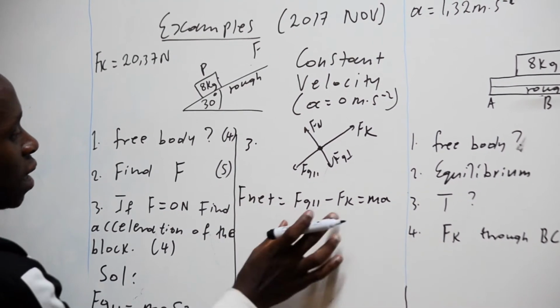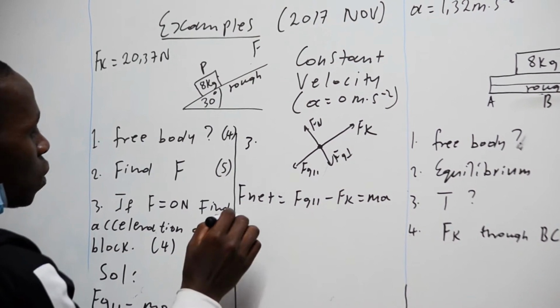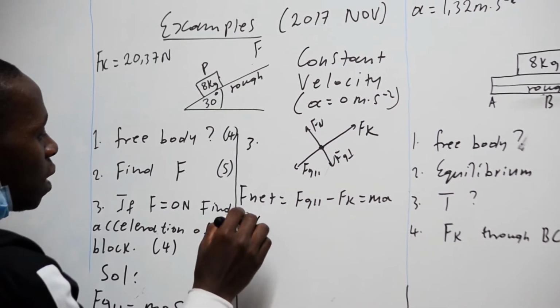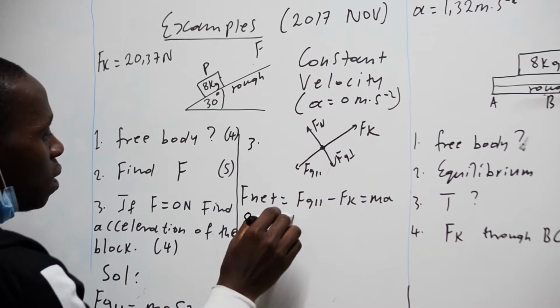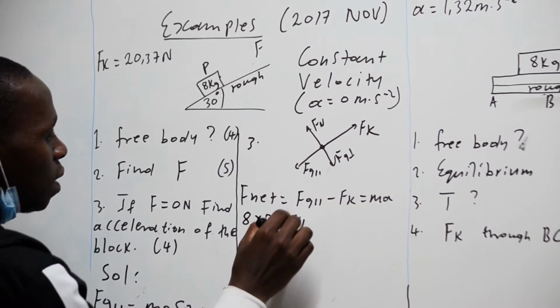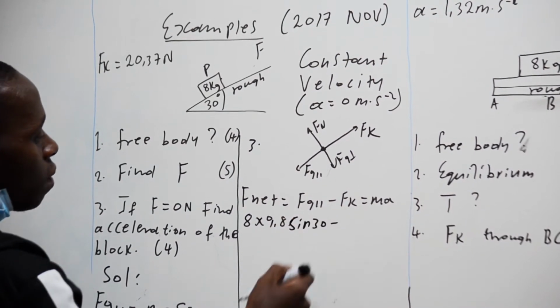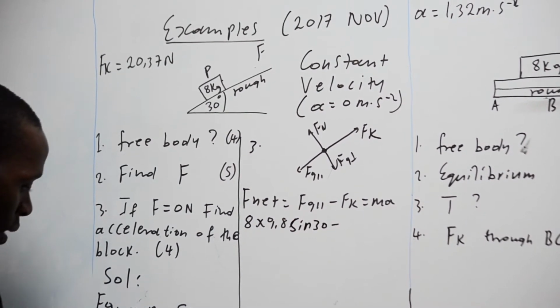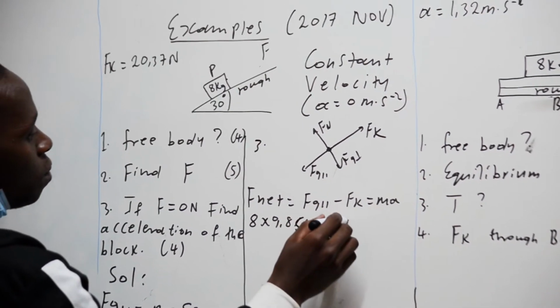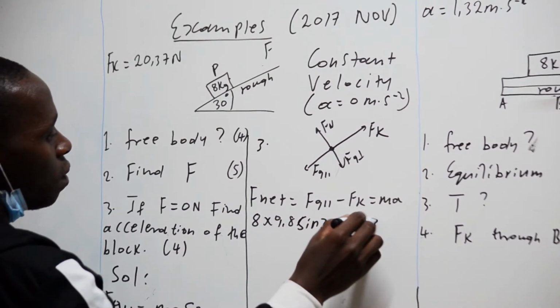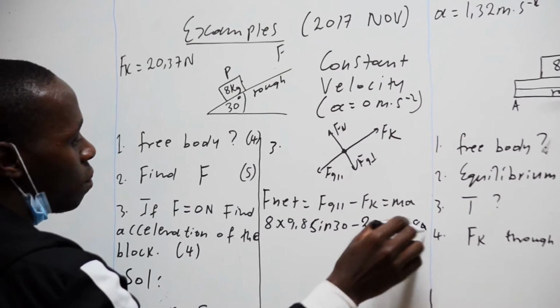So I will take this second part. FG parallel is 8 times 9.8 sine 30, which is half, minus FK. What is the value of FK? FK we got earlier, 20.37, equal to 8A.